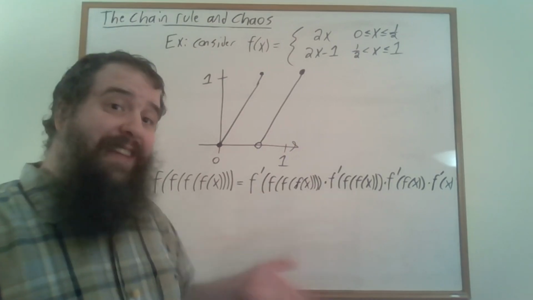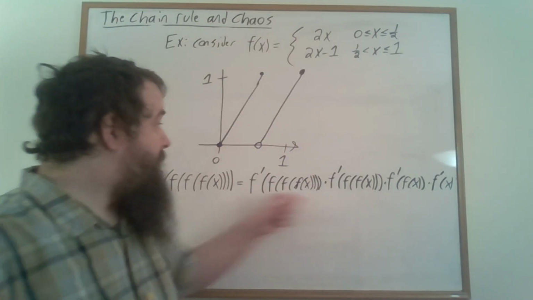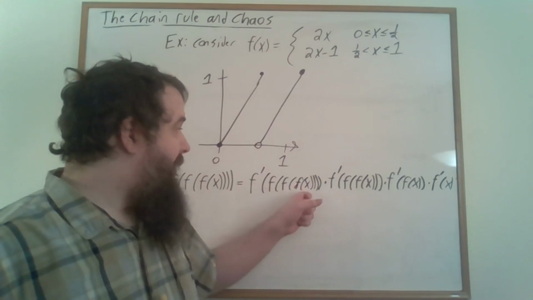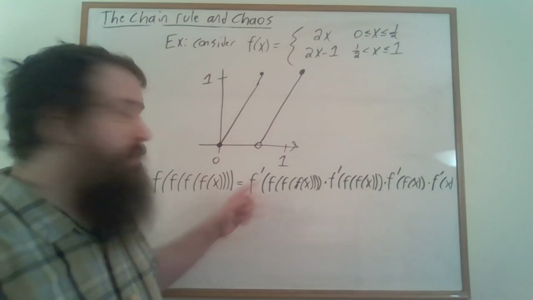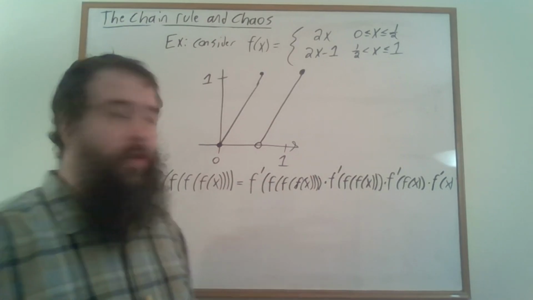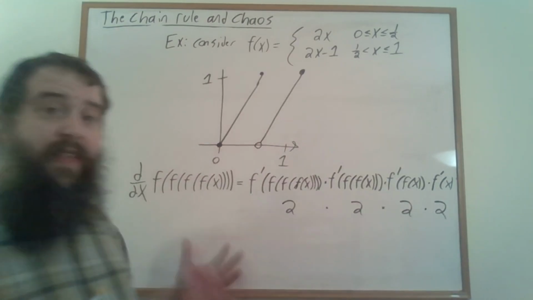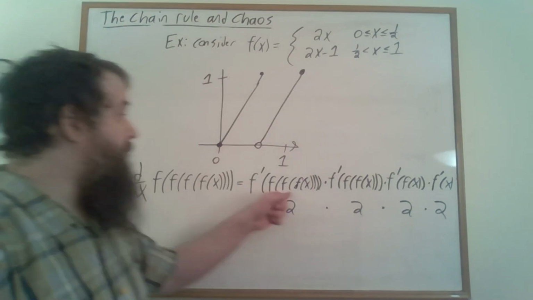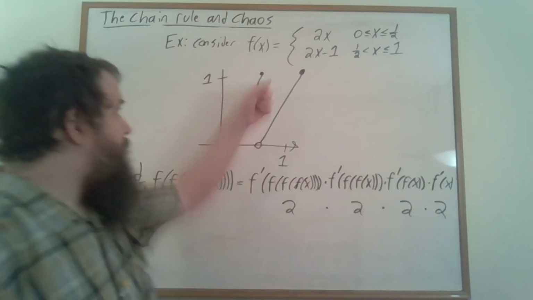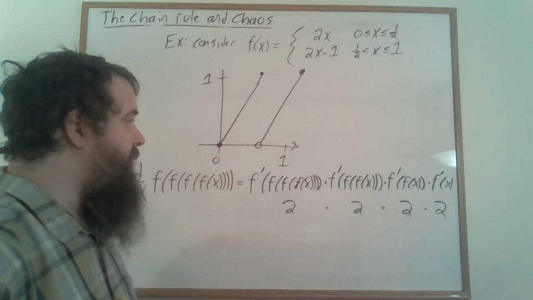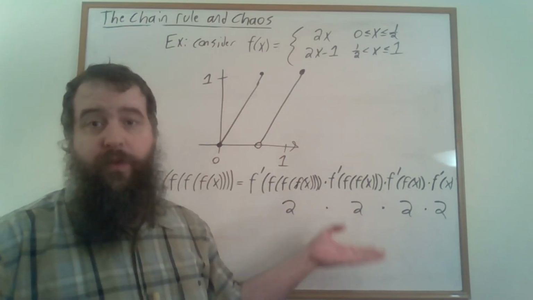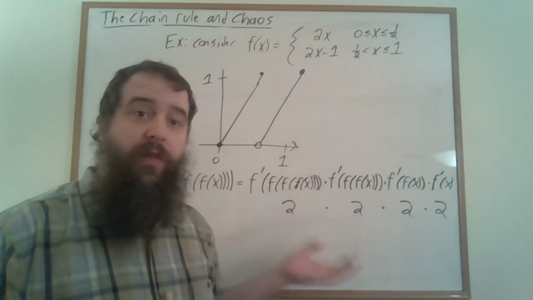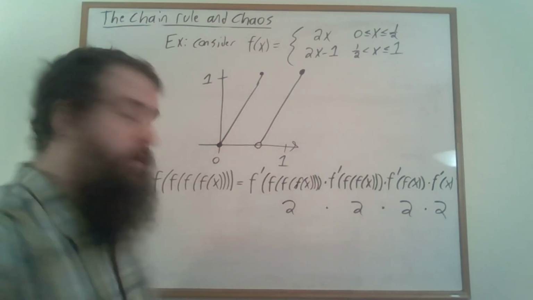And again, the nice thing about this function is that we don't need to worry about what f of x actually is. If we're taking the derivative of f, it's pretty much always going to be 2. So unless we got really unlucky and one of these values gives us one of our points of discontinuity, the value of this product here is going to be 2 times 2 times 2 times 2, 2 to the 4th, or 16.